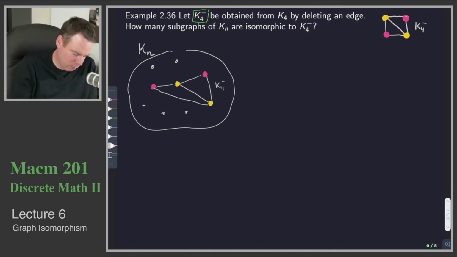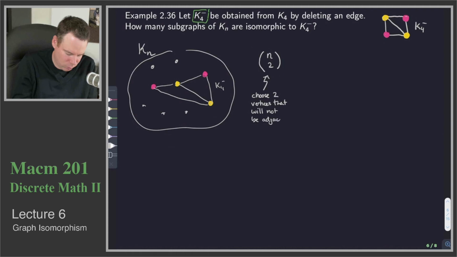The way we're going to count them is we're going to say first, choose the two vertices you're going to designate as the red vertices. So choose two vertices that will not be adjacent to each other.